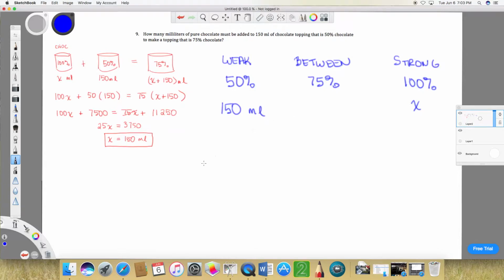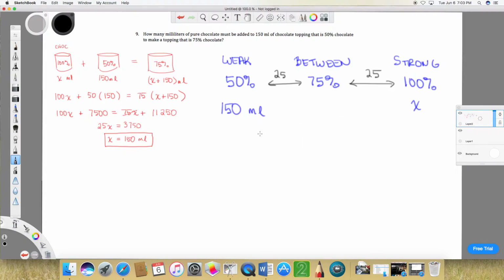So we need the distance. The distance between 75 and 50 is 25, and the distance between 75 and 100 is 25.